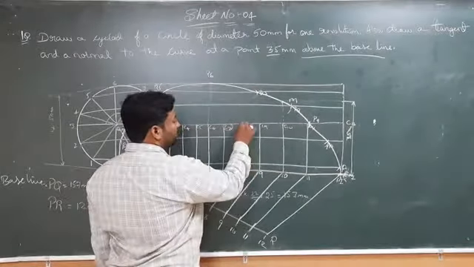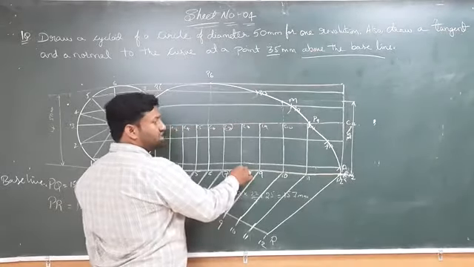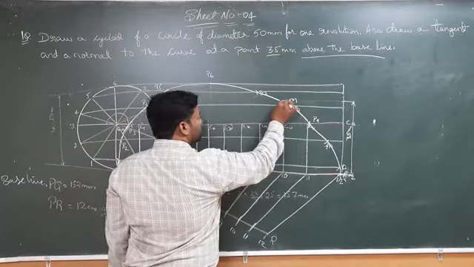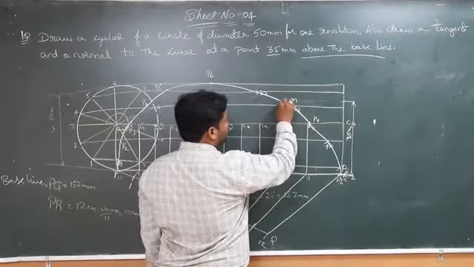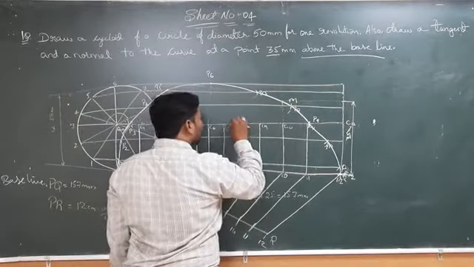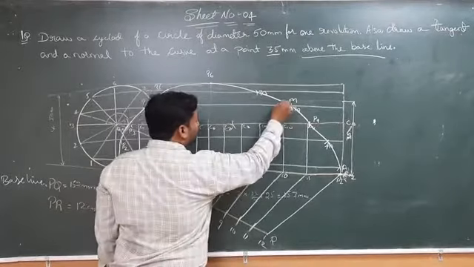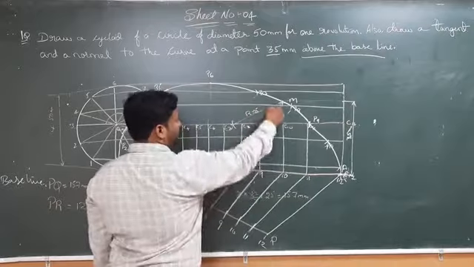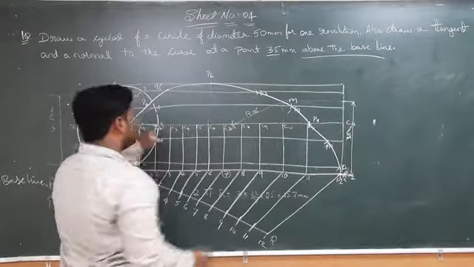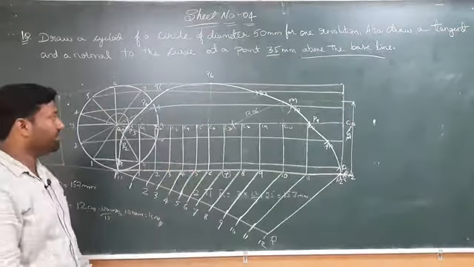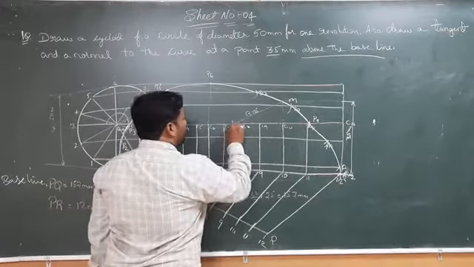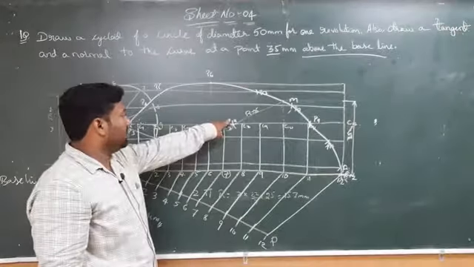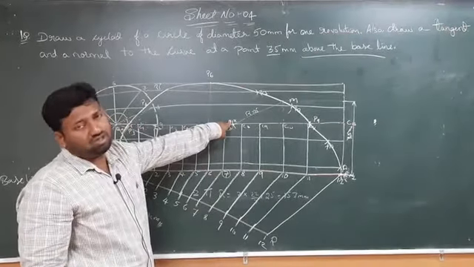So what I will do, I will set the dimension as 25 mm in the compass, put the compass at M and cut the arc on the center line. So r is equal to 25 mm from the point M. I am cutting the center line by maintaining the radius 25 mm. So this is my point X.